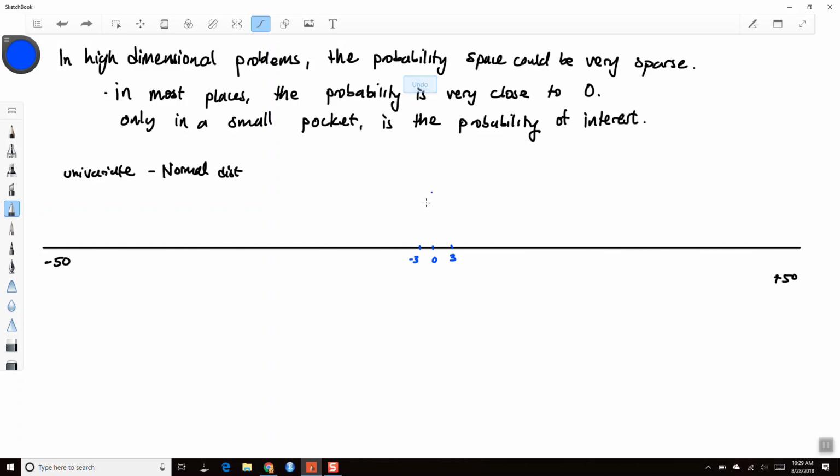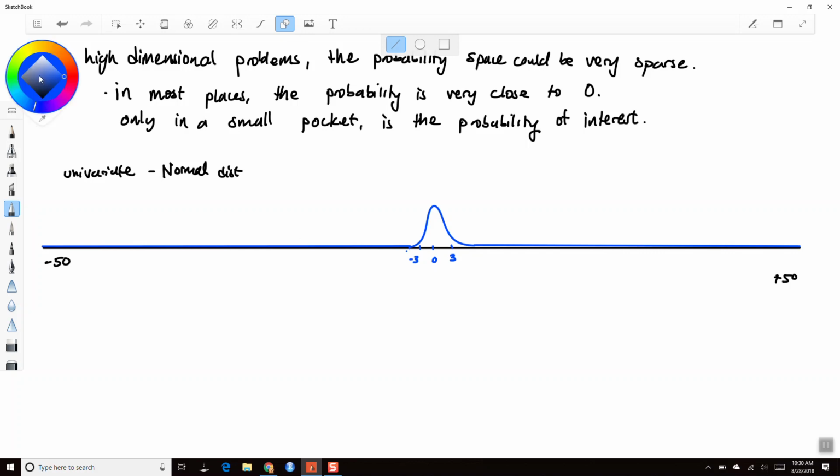Everywhere else, it's not 0, but it's very close to 0. So this is the normal distribution, just a univariate example.